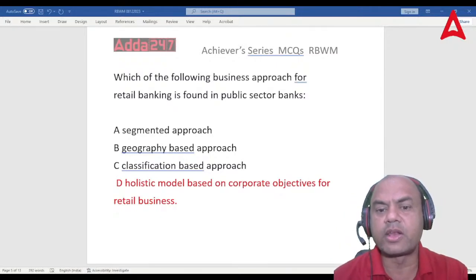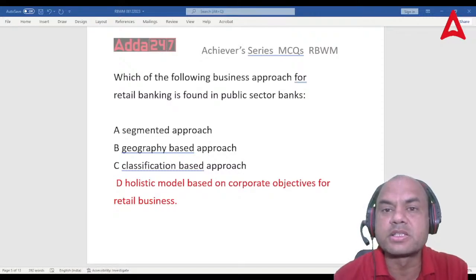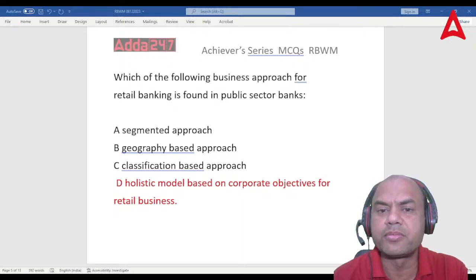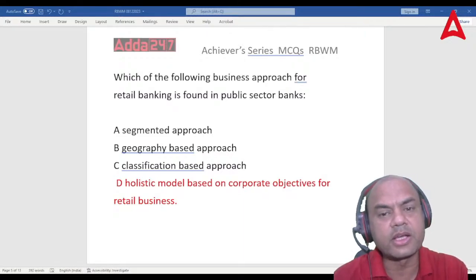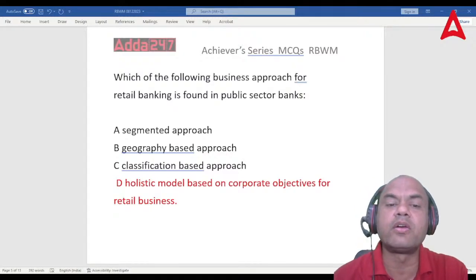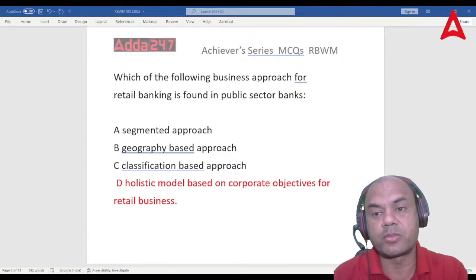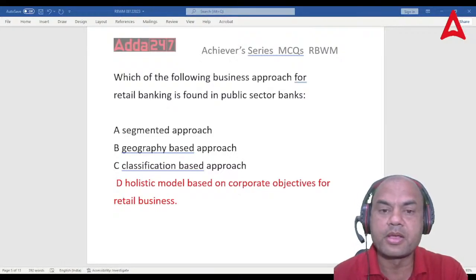Where there is a semi-urban branch but a lot of urban customers are coming, I'll shift it from semi-urban to urban. So anything can happen depending on the corporate objectives. These are very important. Okay, let's move on.